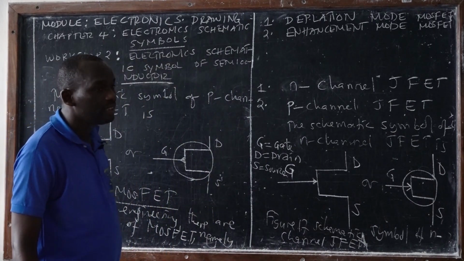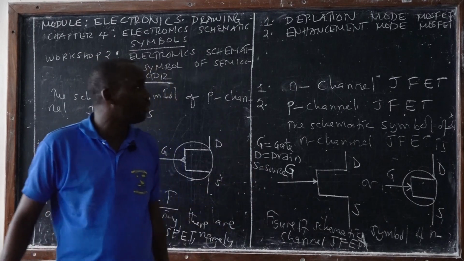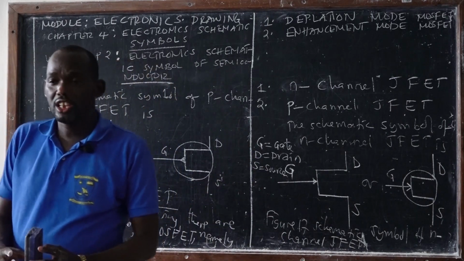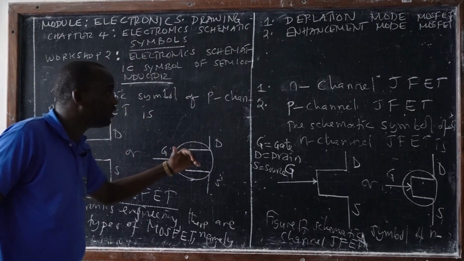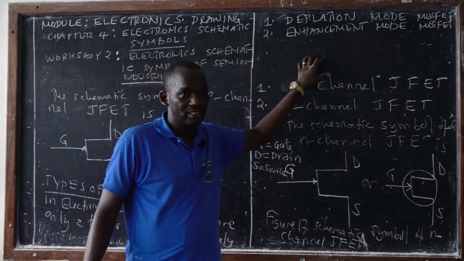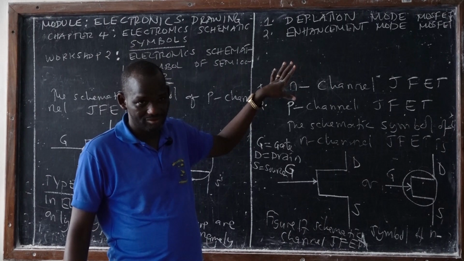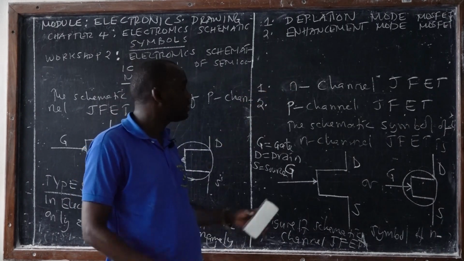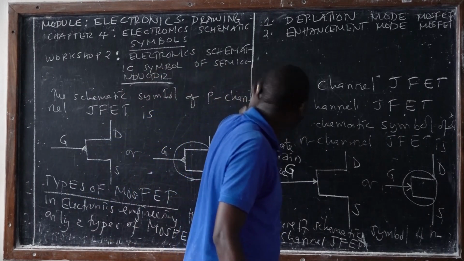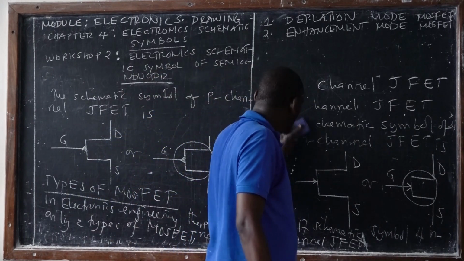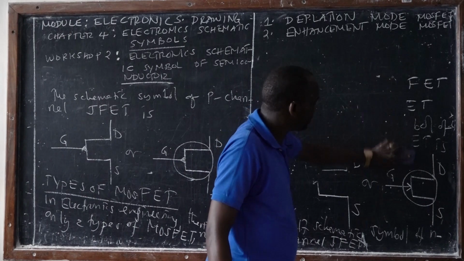So in the case of the depletion mode MOSFET and enhancement mode MOSFET, we have the P channel and the N channel. And there's a difference between depletion mode MOSFET and enhancement mode MOSFET. I don't want to touch it, but I just want to teach you the schematic symbols so you can understand different schematic circuit diagrams in electronics.